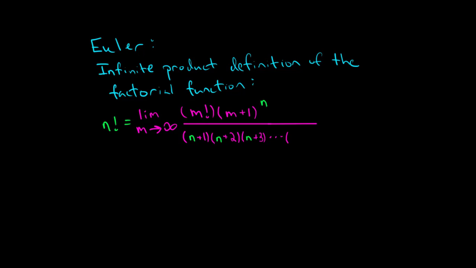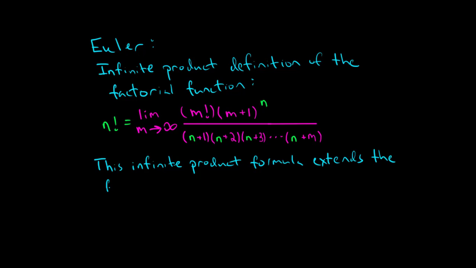In other words, if we plug in any n that we wish, except for a negative integer, this will give us a result which can be shown to be equal to n factorial. So this infinite product formula for the factorial function extends the domain. Now we don't have to limit ourselves to merely the positive integers, but we can also consider positive and negative fractions as inputs here.